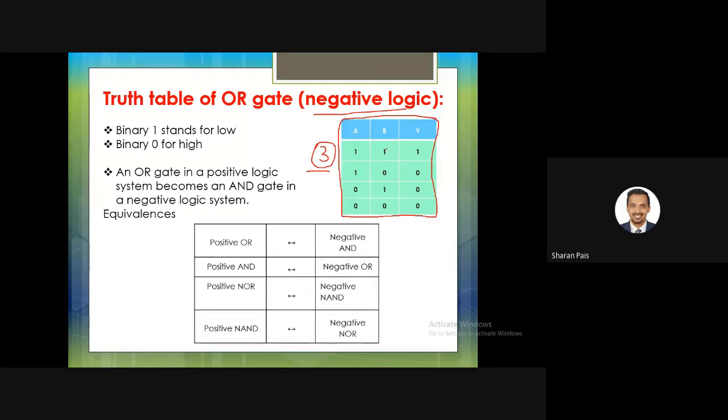Don't go for low and high now, go with the values. 1 and 1 is 1, 1 and 0 is 0, 0 and 1 is 0, 0 and 0 is 0. Now we constructed an AND gate from an OR gate. How did we do that? We just applied negative logic.